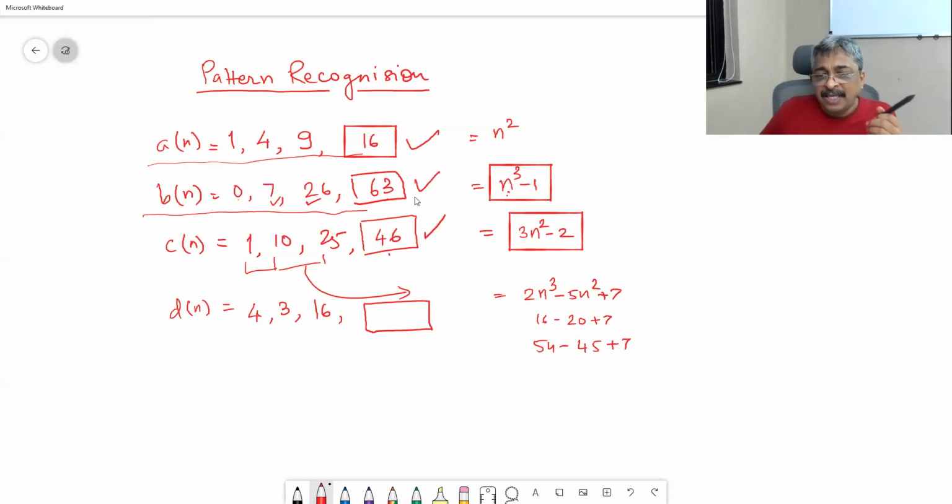4, 3 and 16, and you want me to recognize the pattern for the fourth number? I am not interested. But unfortunately, because you were young and you were required to play with numbers, some examples of this kind were formulated.